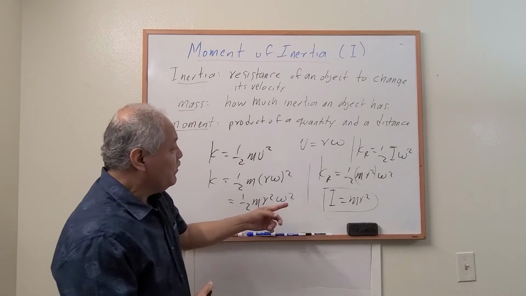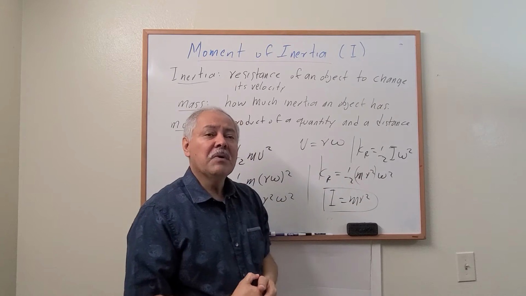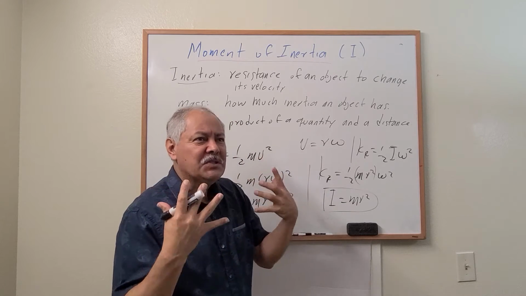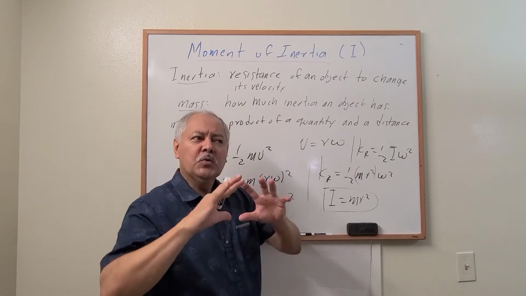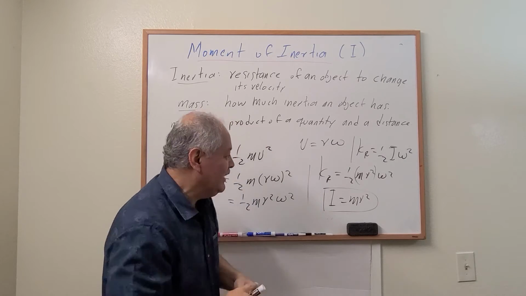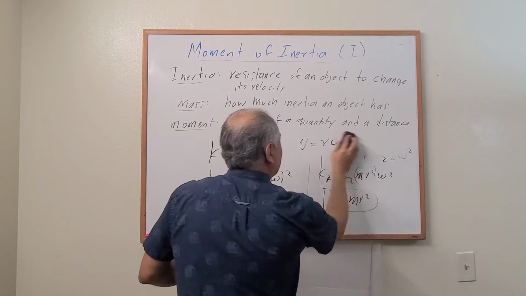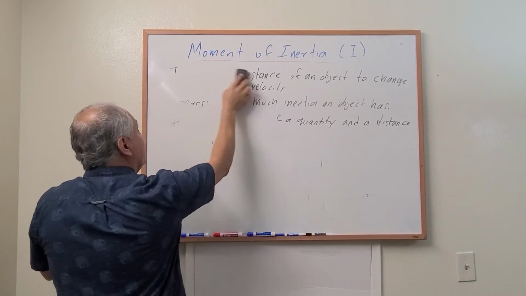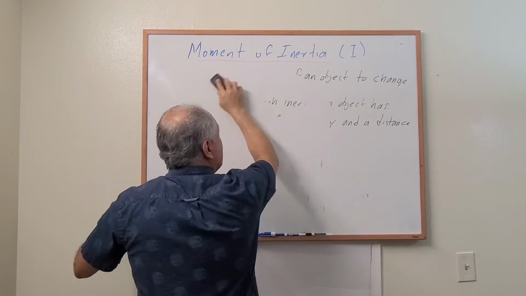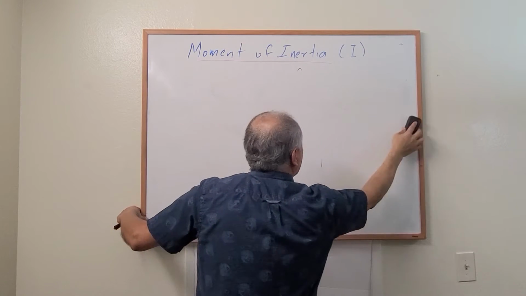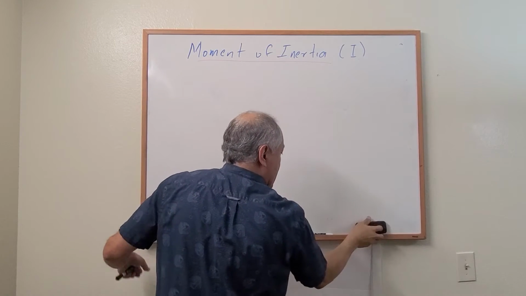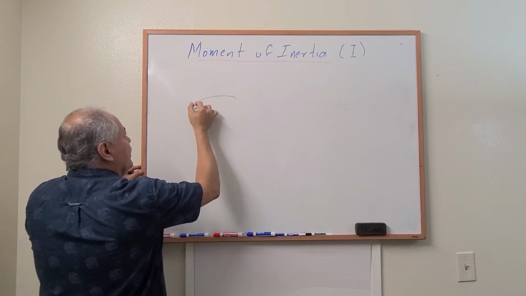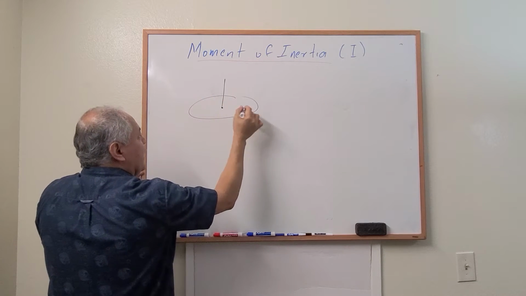Okay, now let's apply the moment of inertia to some object. It could be a singular, particular object, or it could be solid. Okay, let's do it. For example, imagine that we have a particle moving along this axis of rotation.